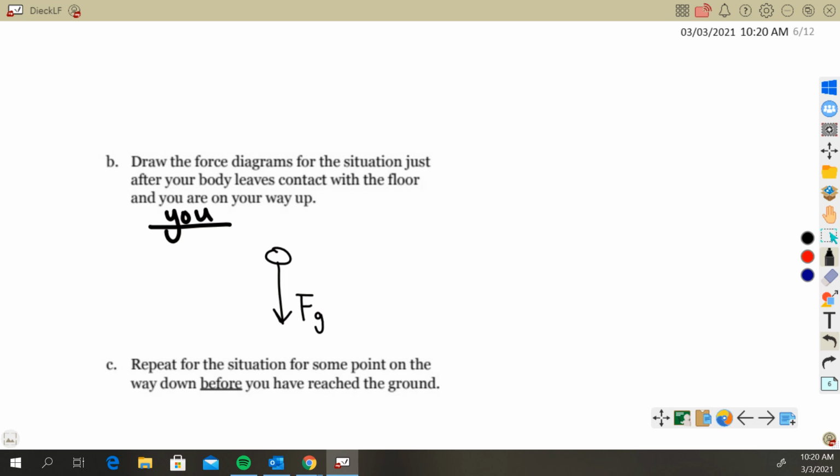Who deals the force of gravity? Earth. Who feels it? The person, or you. That's it. There is no force applied because you already have left the ground. You already had that force applied push you upward. So in letter A, we had that upward force.